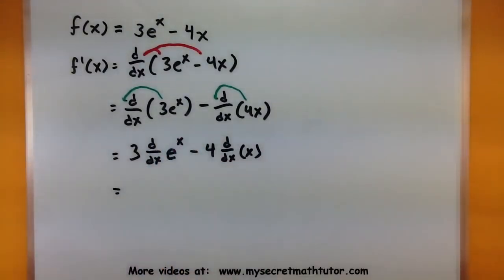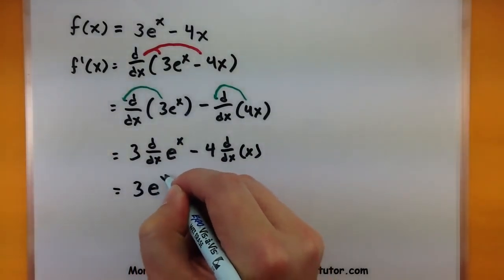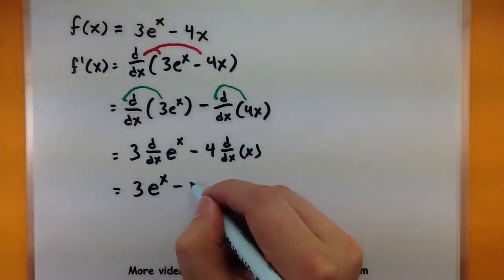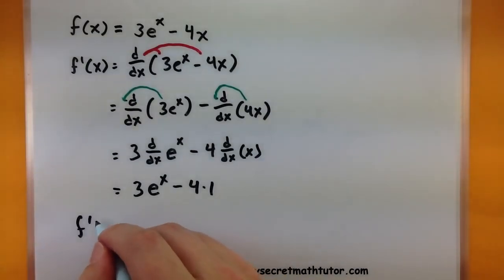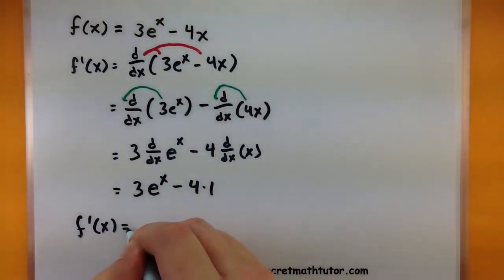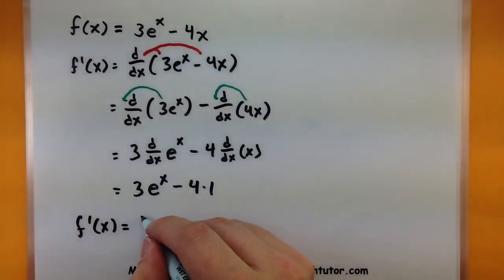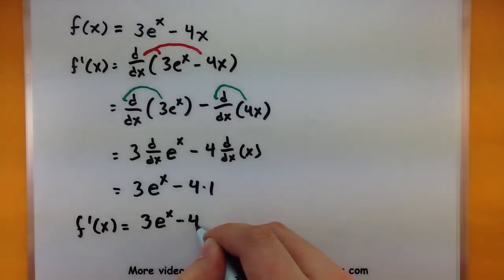The derivative of e to the x, that's our special one, is the same as e to the x. Nothing changes. The derivative of x is 1, so we have minus 4 times 1. All right, let's write down everything we have left over. So the derivative of f is 3e to the x minus 4.